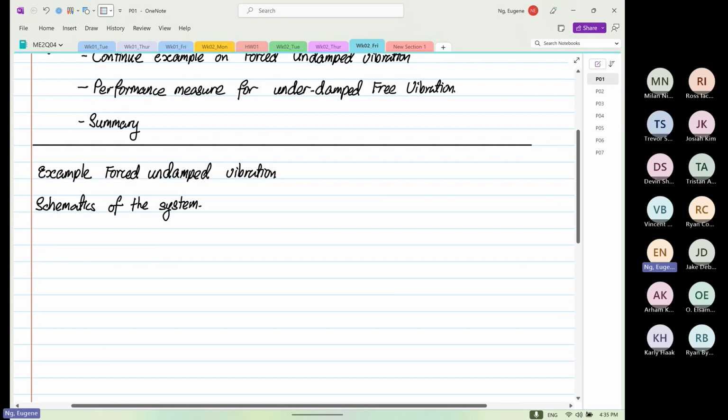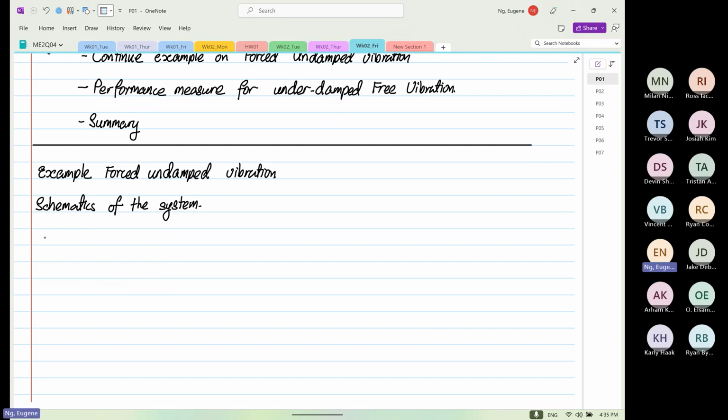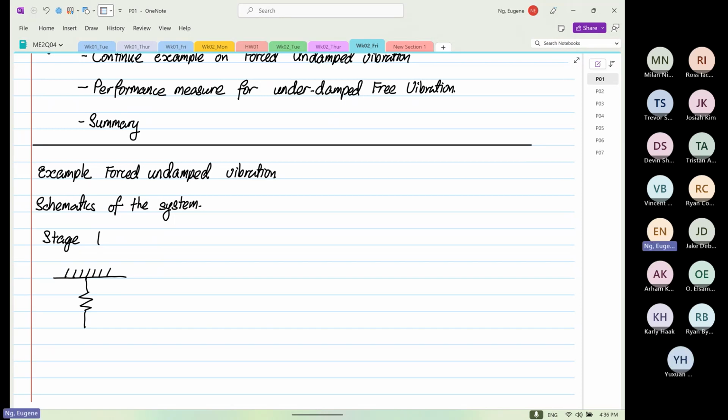So I'm going to break it into stages. What does it look like? Okay. So stage 1, you have a spring. Okay. Then from stage 1, you have a spring with a known stiffness.